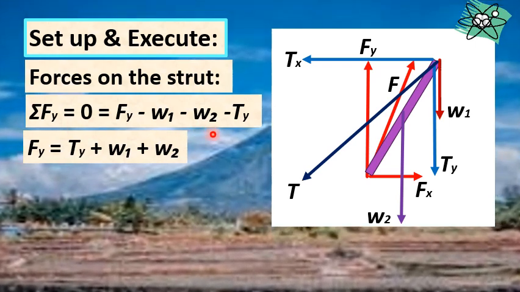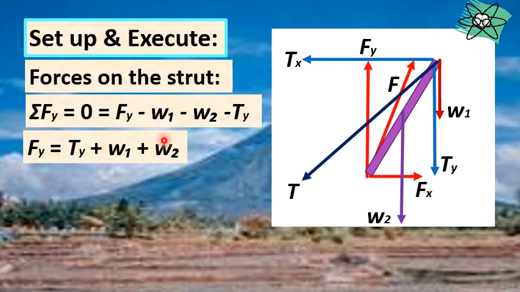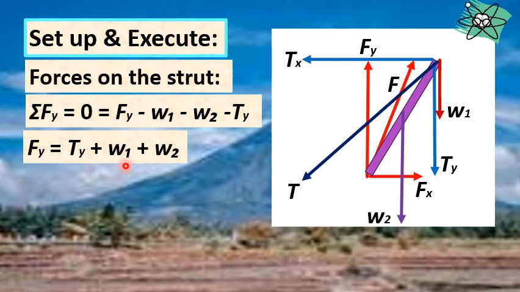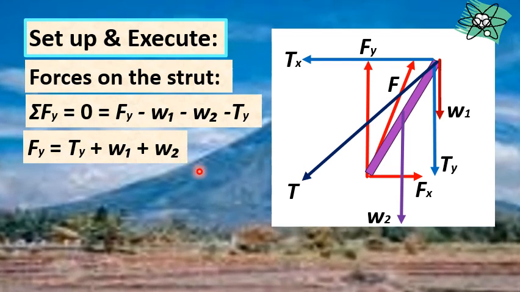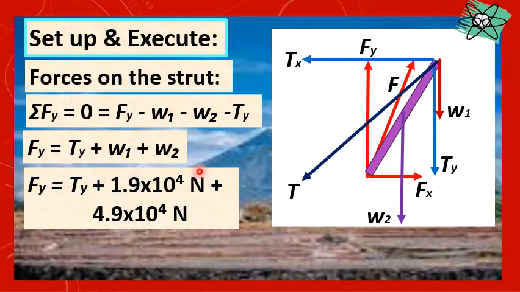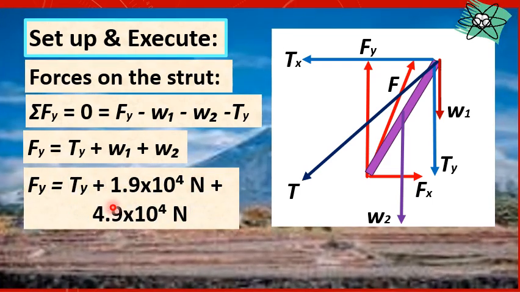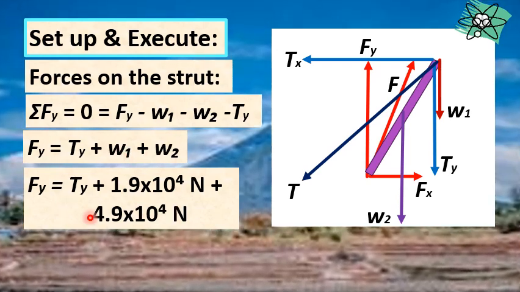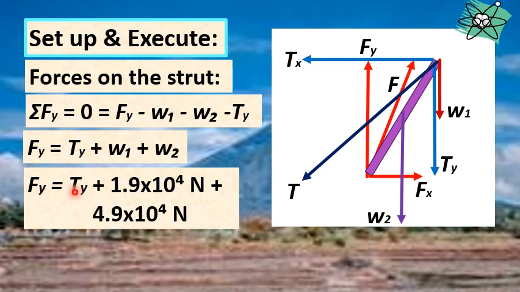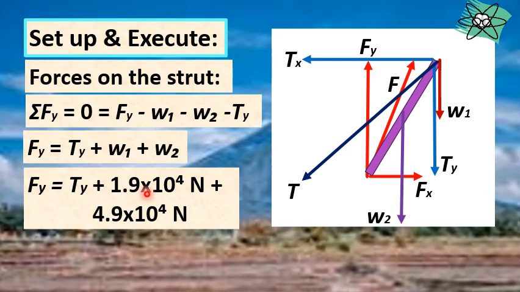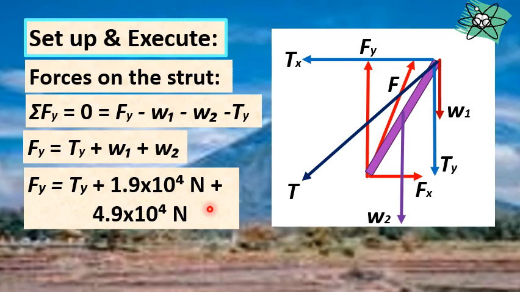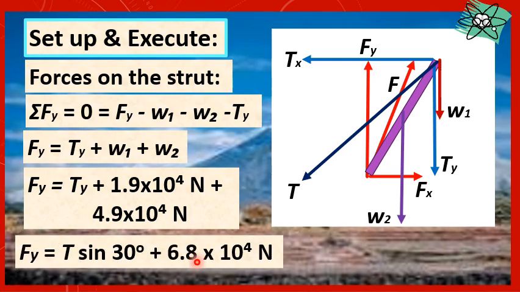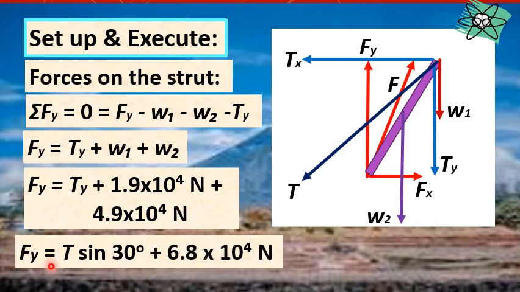If we isolate the force Fy, it becomes the sum of Ty plus W1 plus W sub 2. Substituting the values for W1 and W2, we have Fy equals Ty plus 1.9 times 10 to the fourth power Newton plus 4.9 times 10 to the fourth Newton.